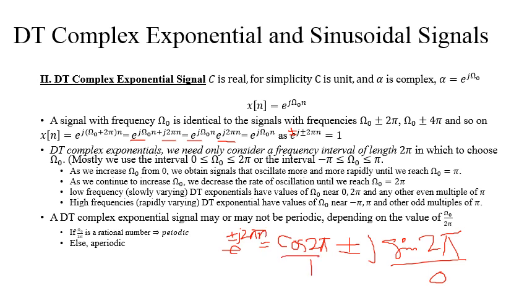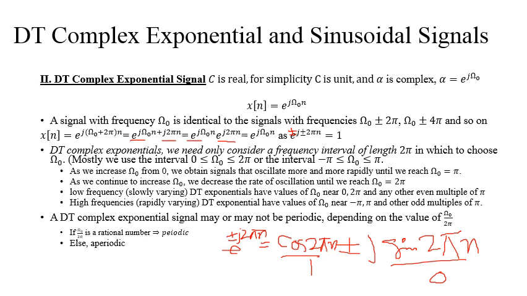Because n is an integer, if n equals 1, it will be 2 pi, so sine of 2 pi is 0 and cos of 2 pi is 1. Again, if it is 2, then a multiple of 2 pi is always 0 in the case of sine, and always 1 in the case of cosine, right? So it will always give you 1.